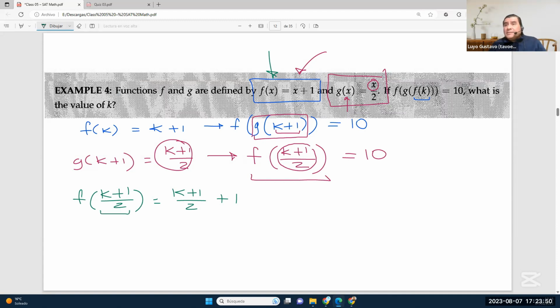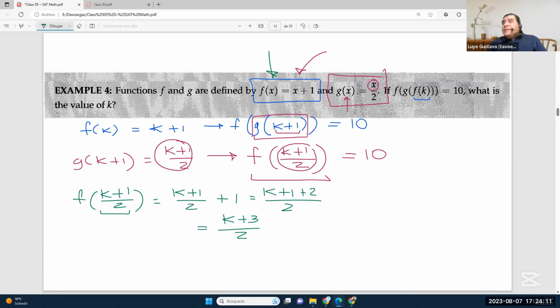So what is this? Okay, you can give a common denominator, right? It's k plus 1 plus 2 over 2, which is the same as saying k plus 3 over 2. That's it. That's the value of f of k plus 1 over 2.